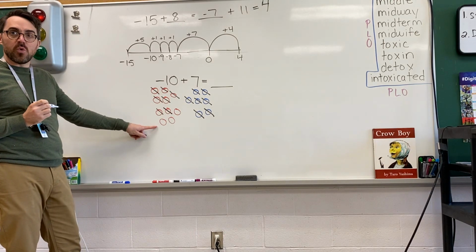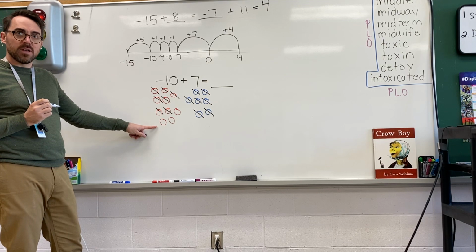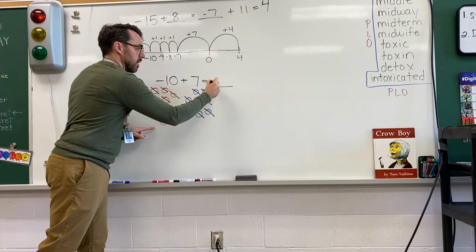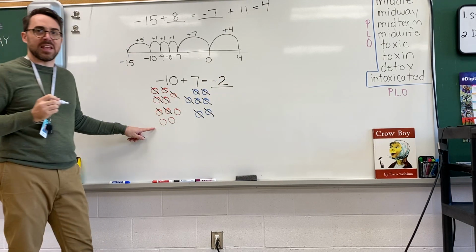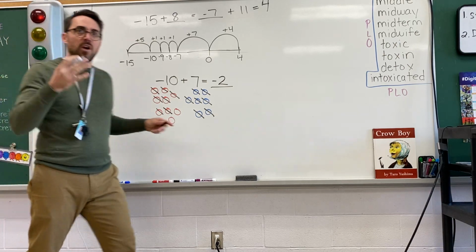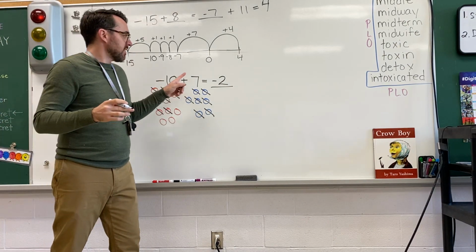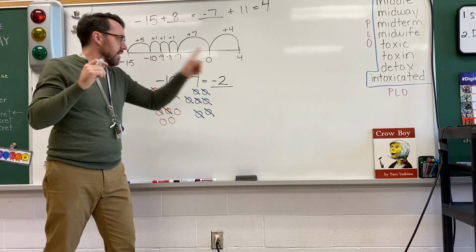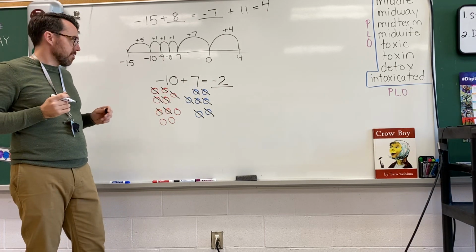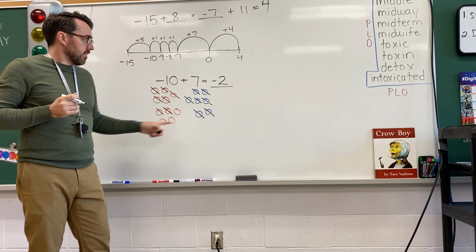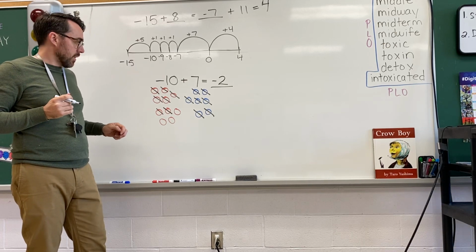I have 2 negative left over. It means my answer, there's still 2 negative. So it started at minus 10, went up 7 degrees, I'm still at negative 2. Okay? That's how I figured this out. Okay?